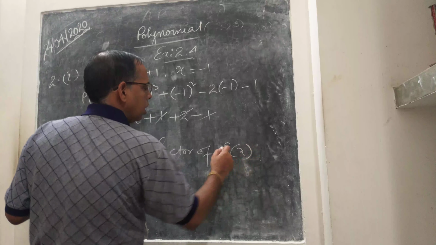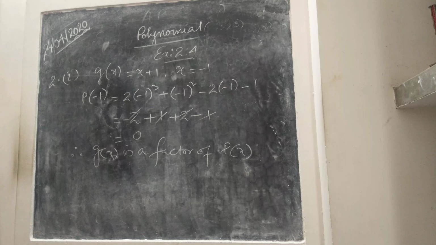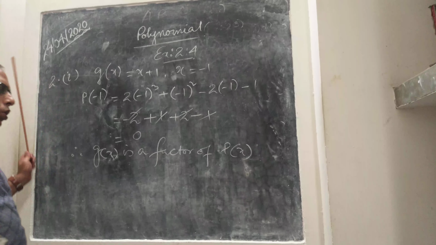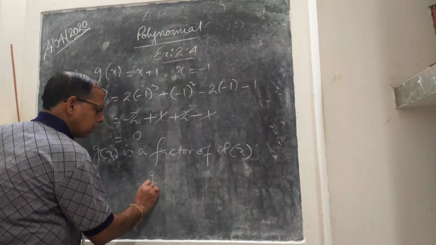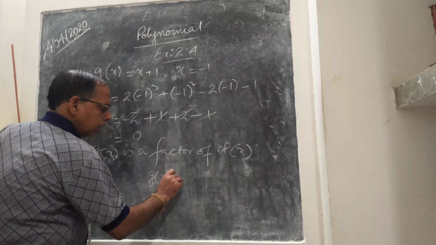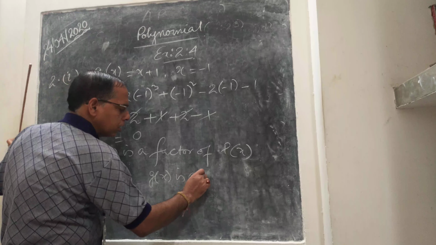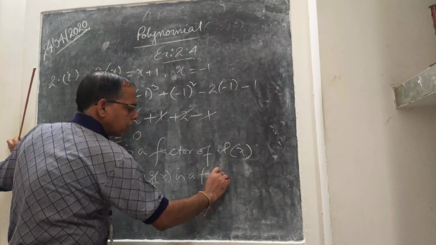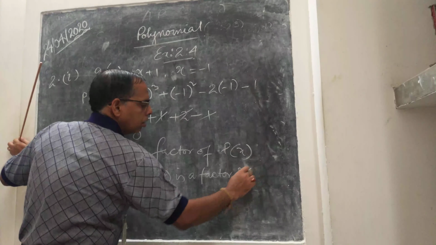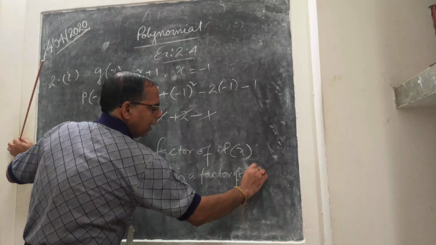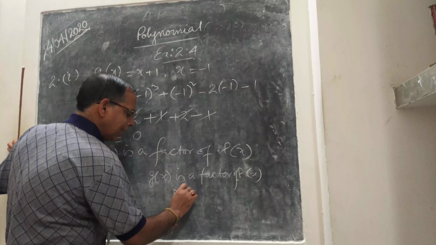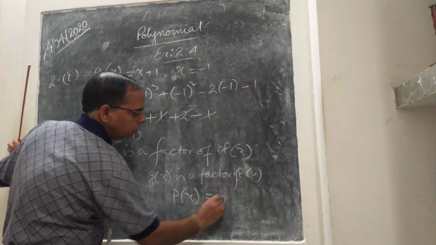Now that means if gx is a factor of px, then remember px should be equal to 0. Gx is a factor of px, means px should be equal to 0.